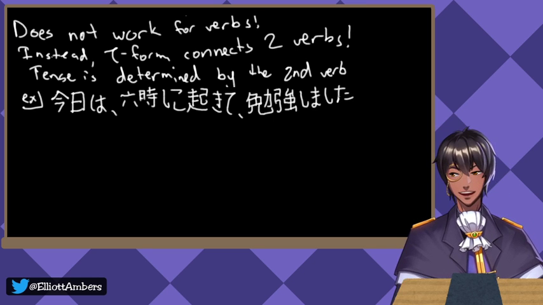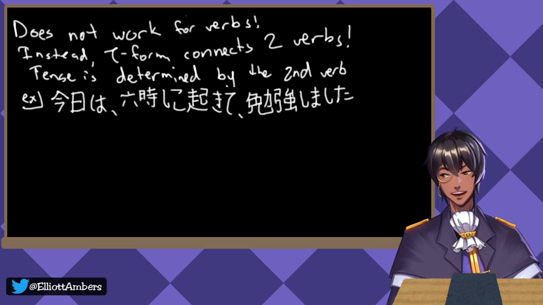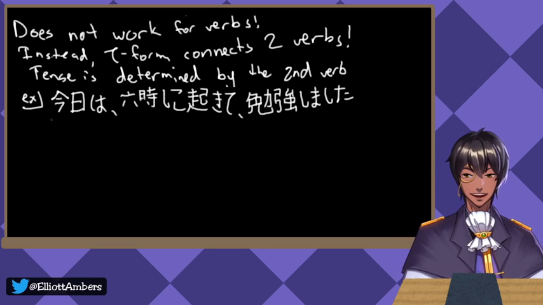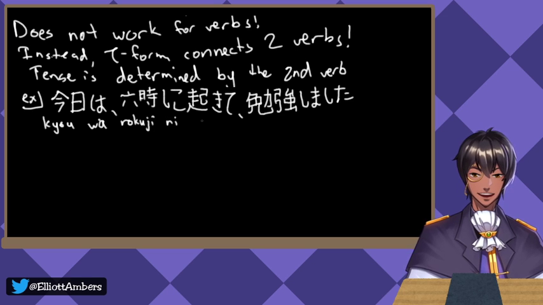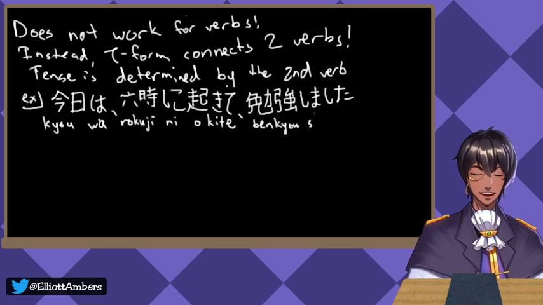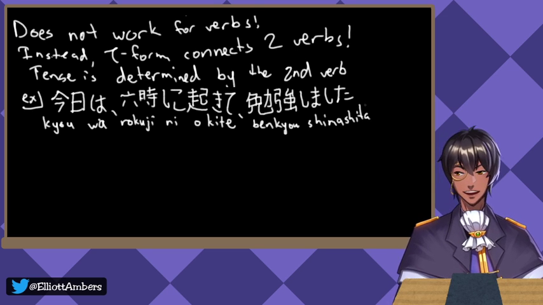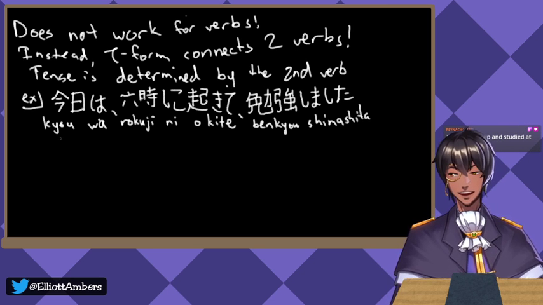So let's break this sentence down. I know this is a long sentence. This is much longer than a lot of sentences that we've worked with before. It has a lot more going on in it. So this reads as 今日は6時に起きて勉強しました。今日は, and actually this sentence pretty neatly translates piece by piece.